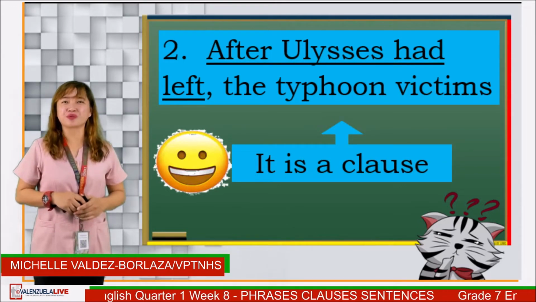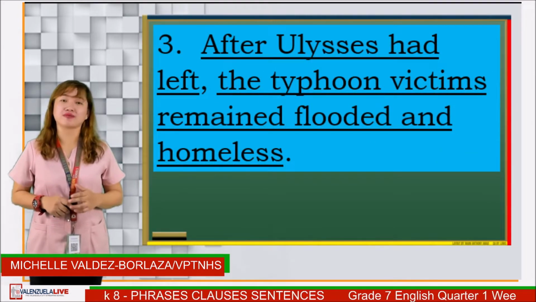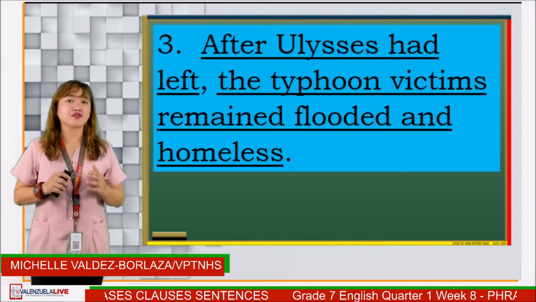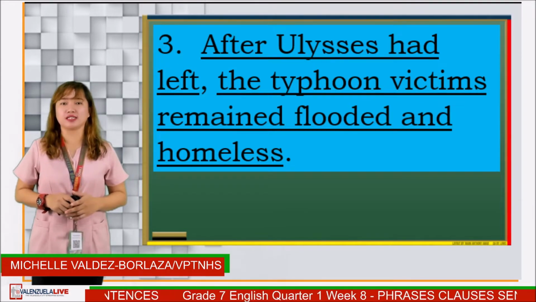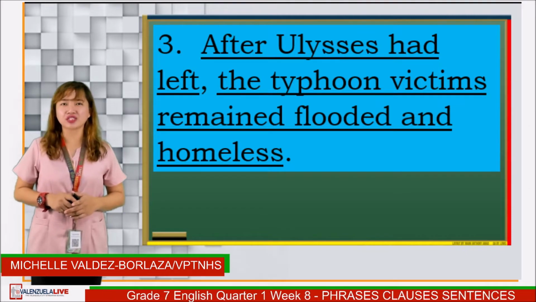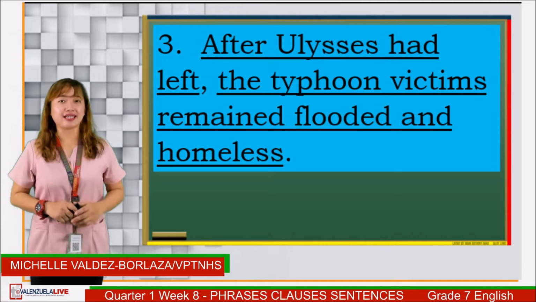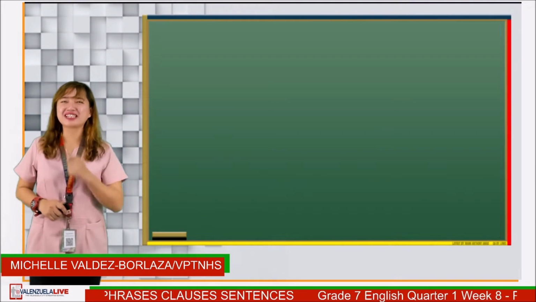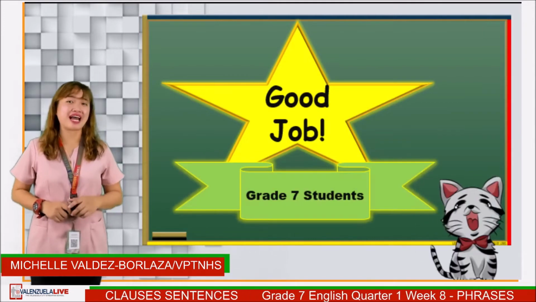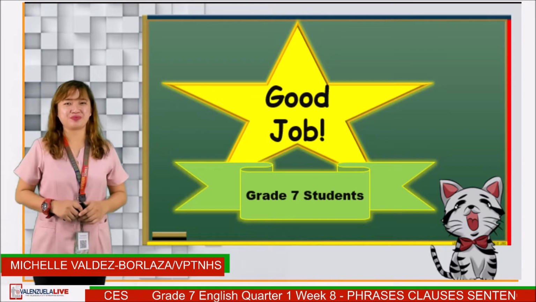Let's now have number 3. After Ulysses had left, the typhoon victims remained flooded and homeless. What is your answer, learners? It is a sentence. Great job, learners. And because of that, here's your first star for today.